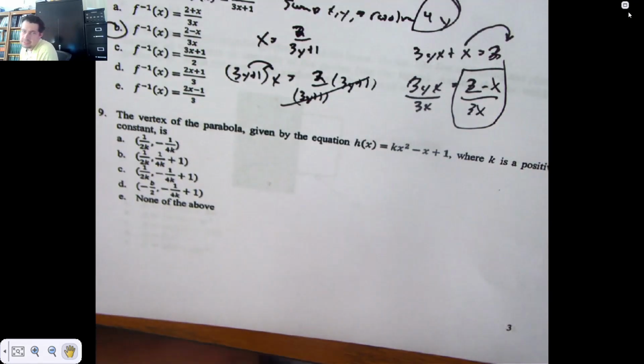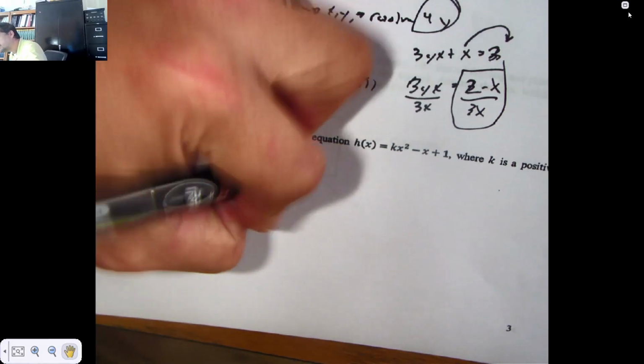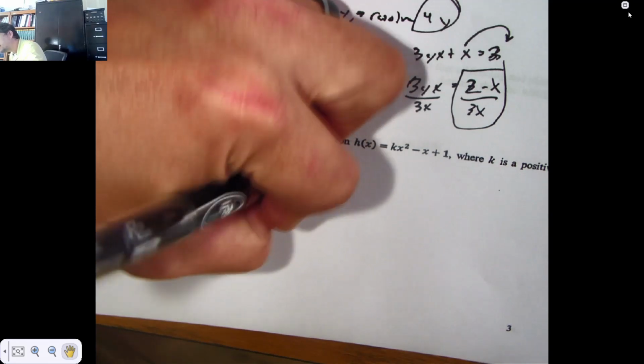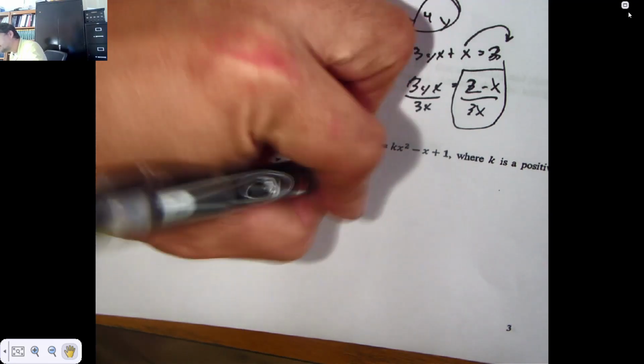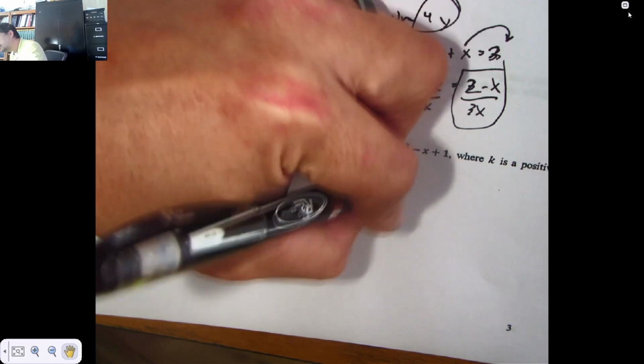Choice B. Vertex of a parabola given by the equation h of x is kx squared minus x plus 1, where k is a positive constant, is, and this is really easy, the x-coordinate of the vertex happens at opposite b over 2a.